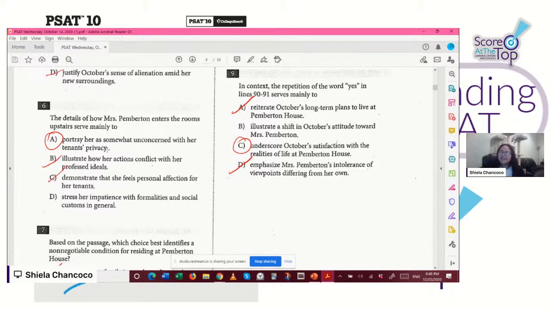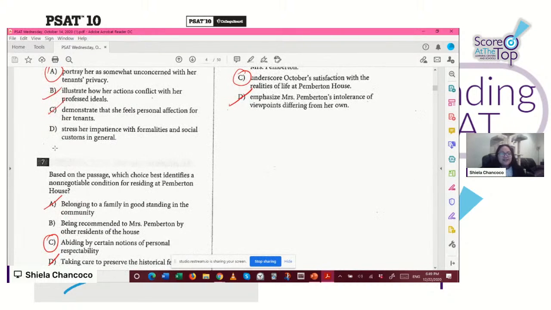A was the answer for me immediately, but I went ahead and tried to eliminate. B and C illustrate how her actions conflict with her professed ideals, demonstrate that she feels personal affection for her tenants. Oh, definitely not C. And then D, stress her impatience with formalities and social customs in general. It's not B, C, or D. It's definitely A. She just wanted to barge in there. She has no qualms about everyone's privacy in the house.